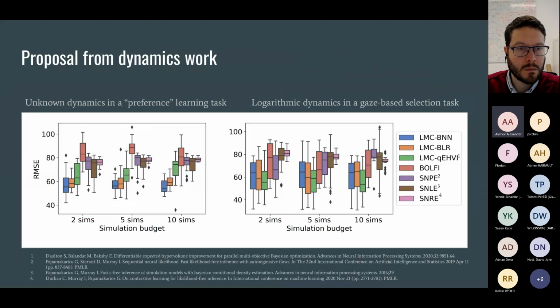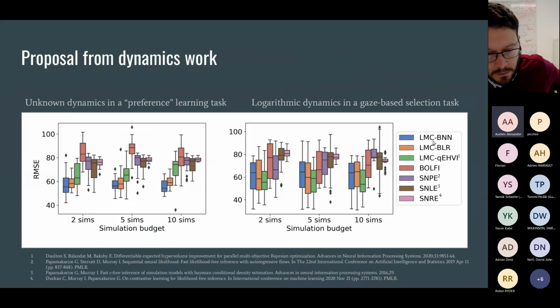And we essentially evaluate a whole bunch of different methods. We use LMC as the surrogate for the discrepancies, and we experimented with the Bayesian neural networks as transition dynamics model. We also tried to use a Bayesian linear regression as a transition dynamics model.